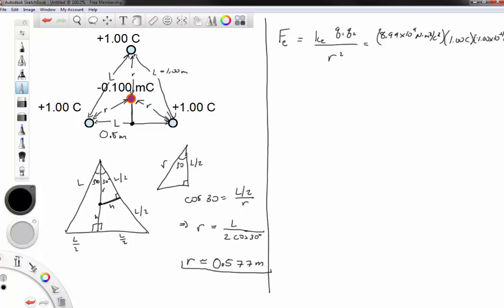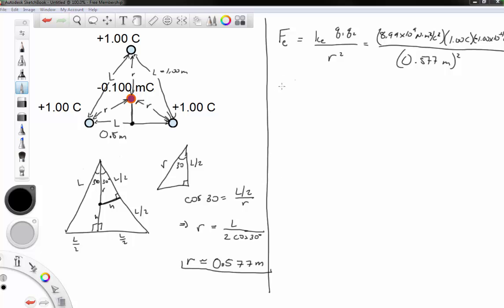And again, we're not too concerned with the sign. I'll go ahead and put it in there anyway, but we're just looking at magnitudes. I'll put in a direction in a minute because we have different directions for each of these charges. So, and then the r squared, we found in the previous step, r was 0.577 meters. So square that.